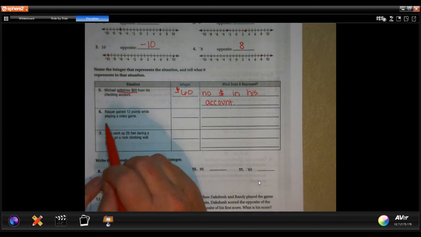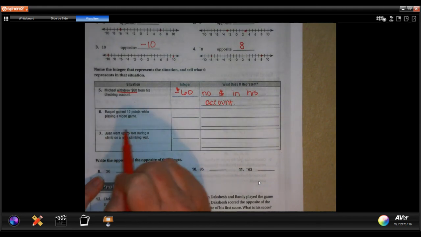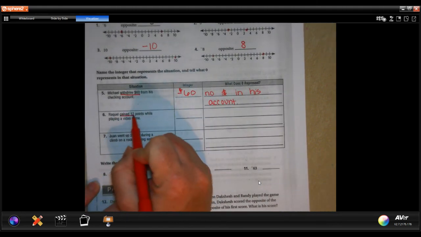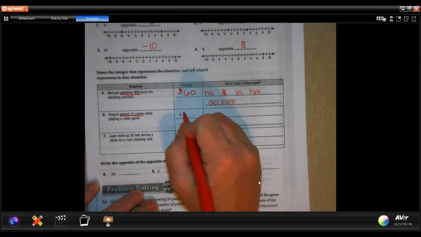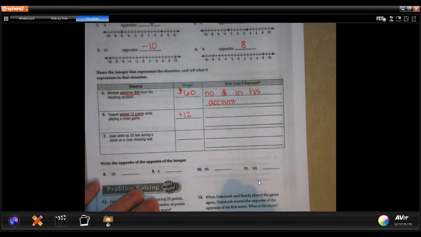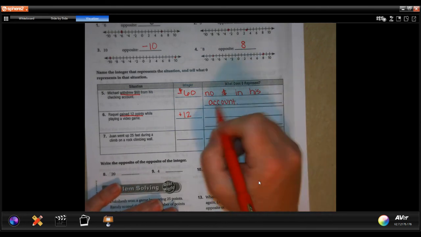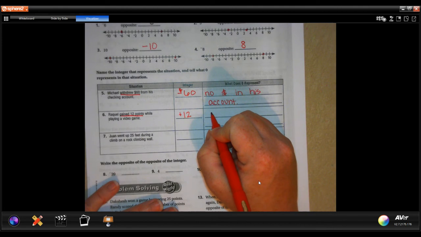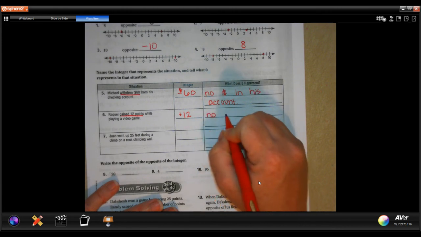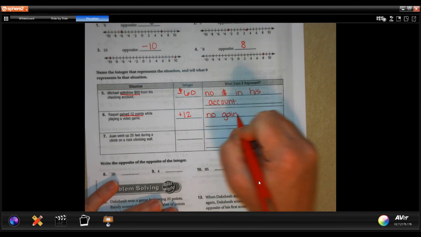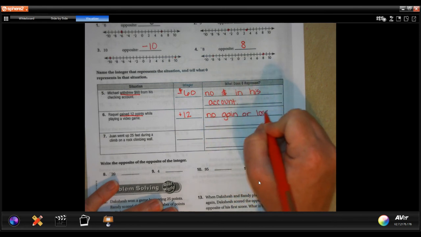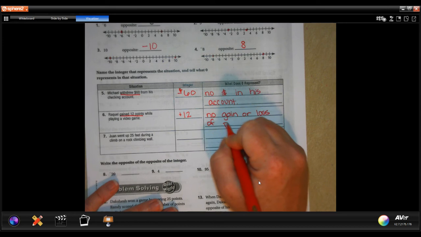Raquel gained 12 points during playing a video game. Gained 12 points. That's it. Now, 0 would mean she didn't gain or lose any points. So, no gain or loss of points.